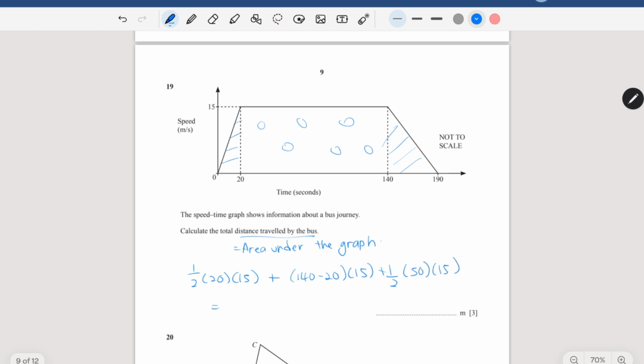Then find the answer. You will get an answer of 825 meters.